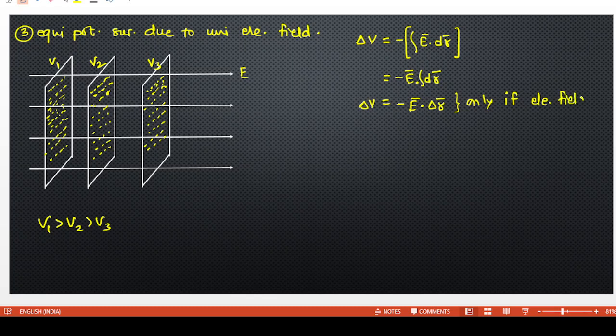Only if the electric field is uniform. You can interpret this formula as magnitude of electric field into magnitude of displacement into cos of the angle between them, or you can interpret this as minus E bar dot delta r perpendicular.